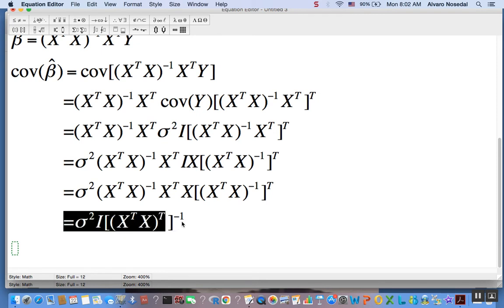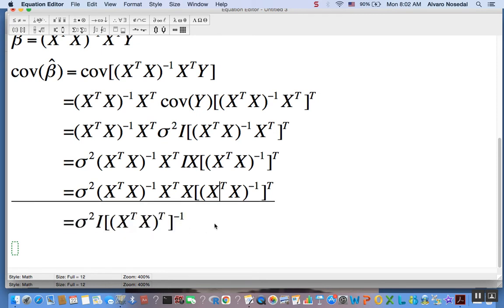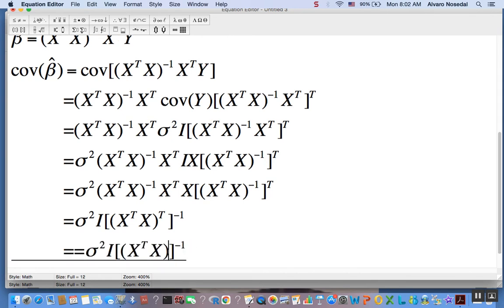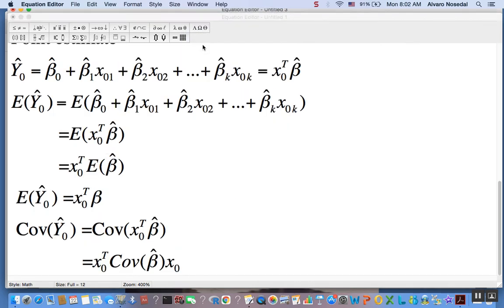So you have this times the identity, that's just itself, and that's it. That's the covariance matrix for beta hat, sigma squared times X transpose X inverse, right? Okay, so let me copy paste this guy, we will need it.